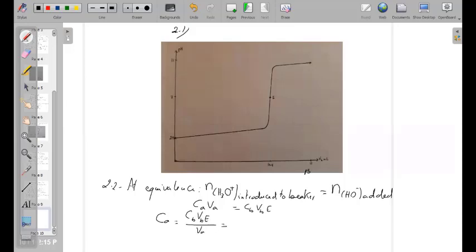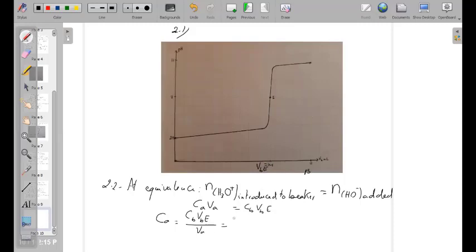We have said that the volume that corresponds to pH 7 is the volume at equivalence. Then VBE equals 10.4.